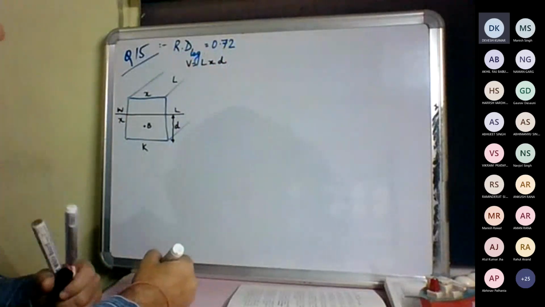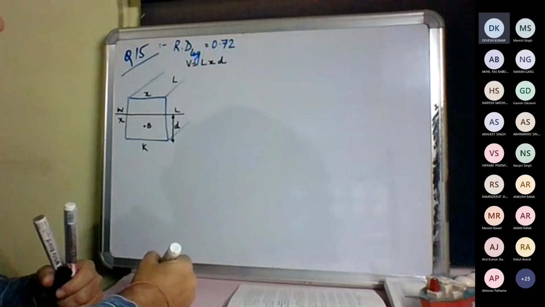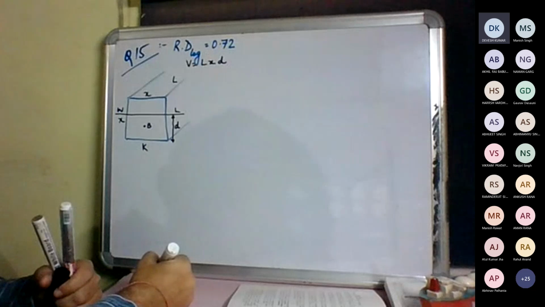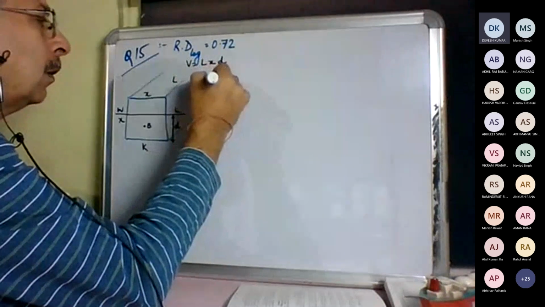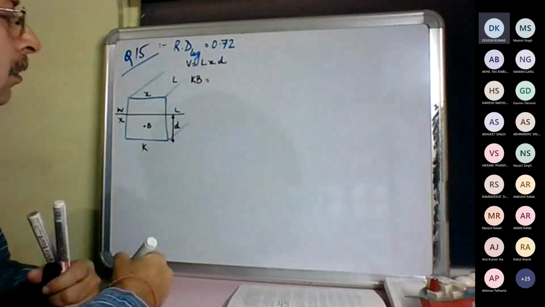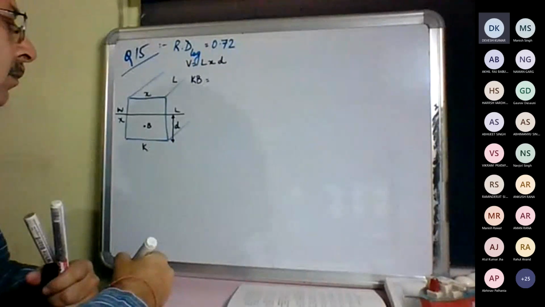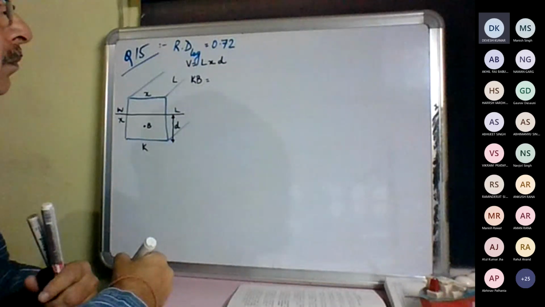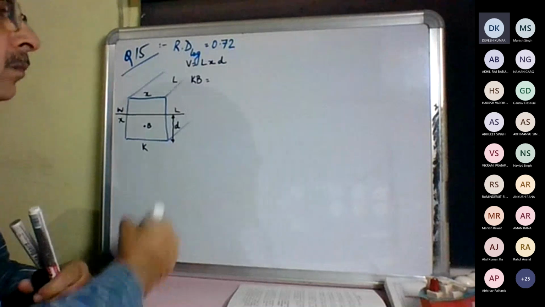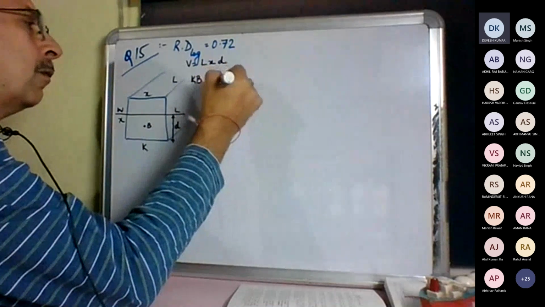This will be the underwater volume of the log. KB of the log will be d by 2.